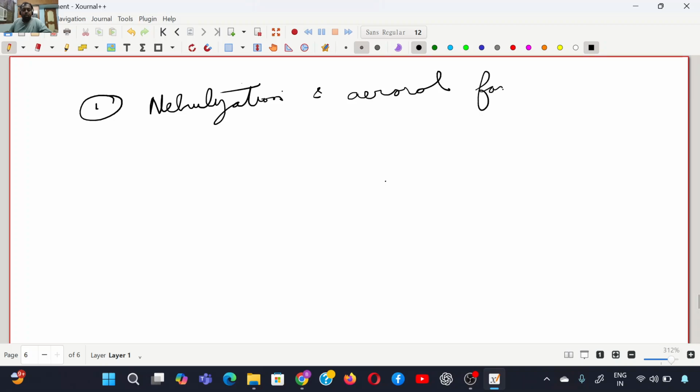So what are the steps? First is nebulization and aerosol formation. The sample solution is nebulized into fine droplets. Larger droplets are removed, smaller droplets enter the flame.